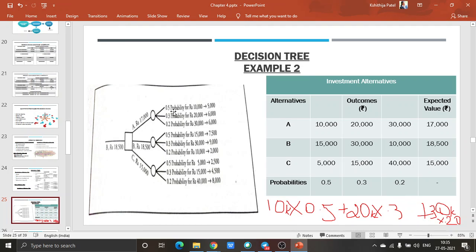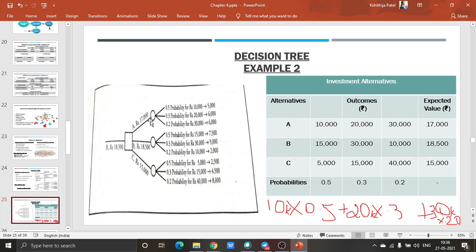When you have 0.5 probability for 10,000, it shall be 5,000 because the initial investment that they have made is 10,000, and for 0.3 for rupees 20,000 there shall be 6,000, that is 0.3 into 20,000. For 0.2 probability for 30,000 it shall be 6,000 for the tripling of the investment.